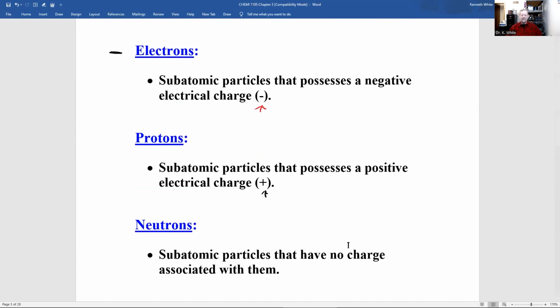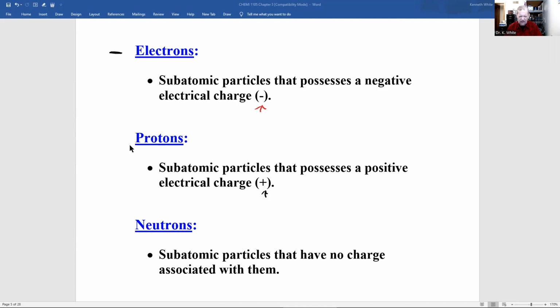Now, if we were face-to-face in a classroom, which last spring I taught this class face-to-face at COD, I would say, all right, everybody together, what's the first subatomic particle? Electron. And I'd ask the class to say that. What's the second? Proton.